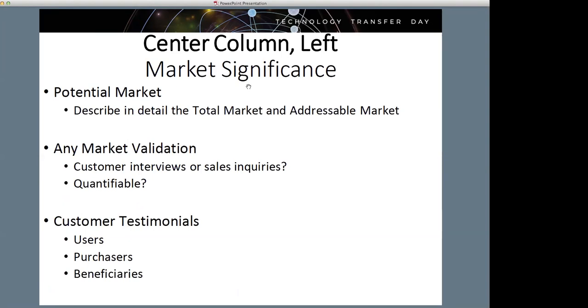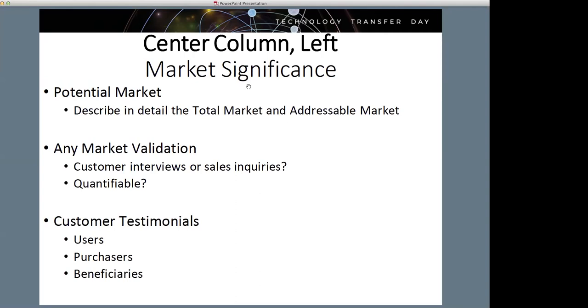If you've gone out and you have any market validation, have you been selling your product to other customers, even if they're a non-DoD customer, demonstrating use both through the technology and the business is going to be relevant. If you have a DoD or other federal government customer, even better. But this is where this information should be placed, in that center left column there on the value of it.